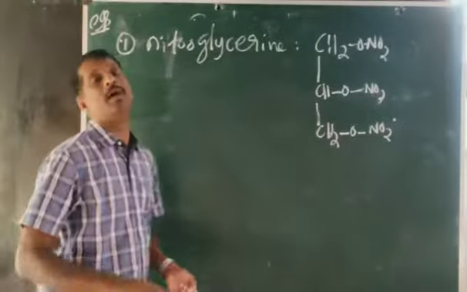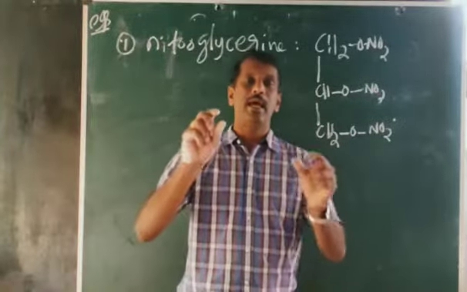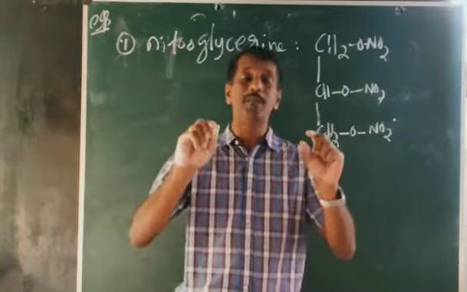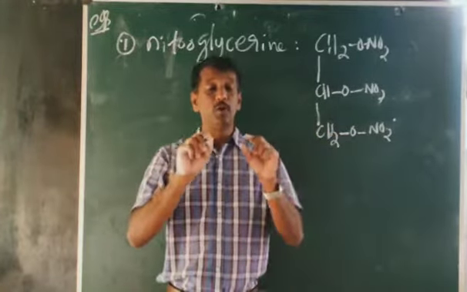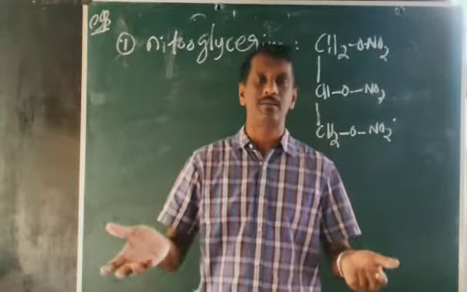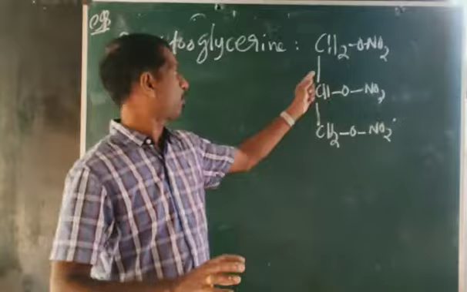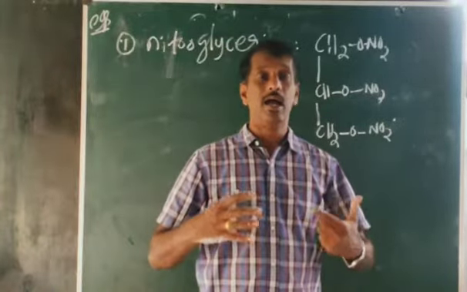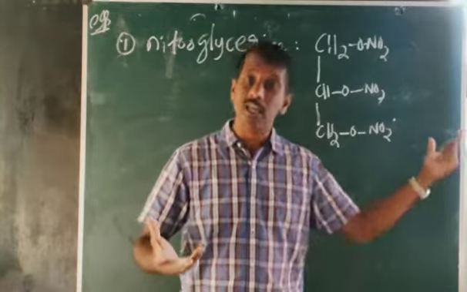Now, Alfred Nobel developed a pasty, stick-like explosive which does not immediately detonate, which is known as dynamite. The problem with nitroglycerin is that it will be detonated immediately, so it is unsafe to handle.